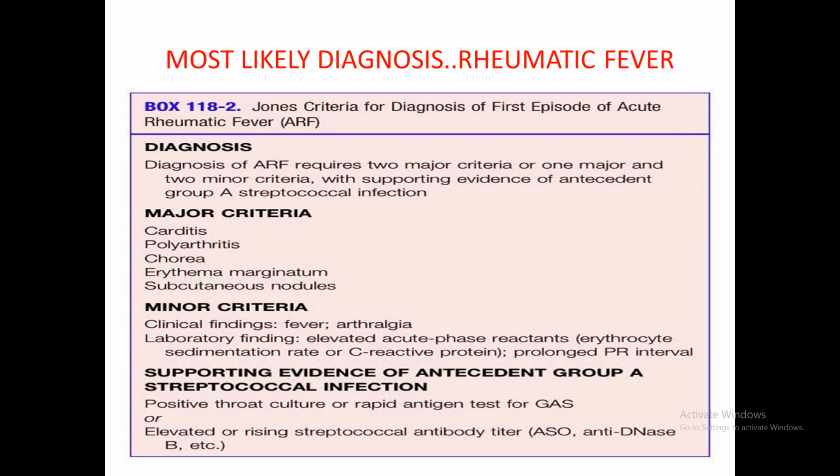Now, new antibodies are also described: anti-DNase B antibodies, anti-hyaluronidase antibodies, and other antibodies are also being described. Plus, the easiest thing for support is the throat culture or the rapid antigen test for group A streptococci. It is very easy to do.